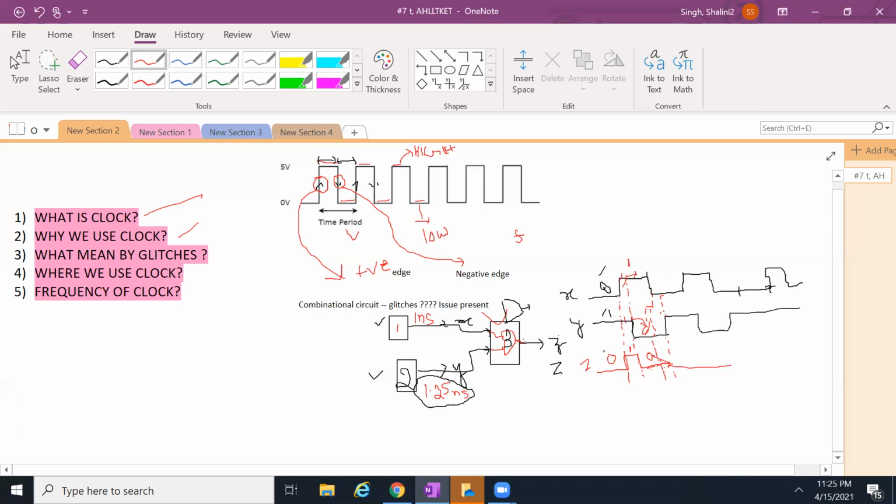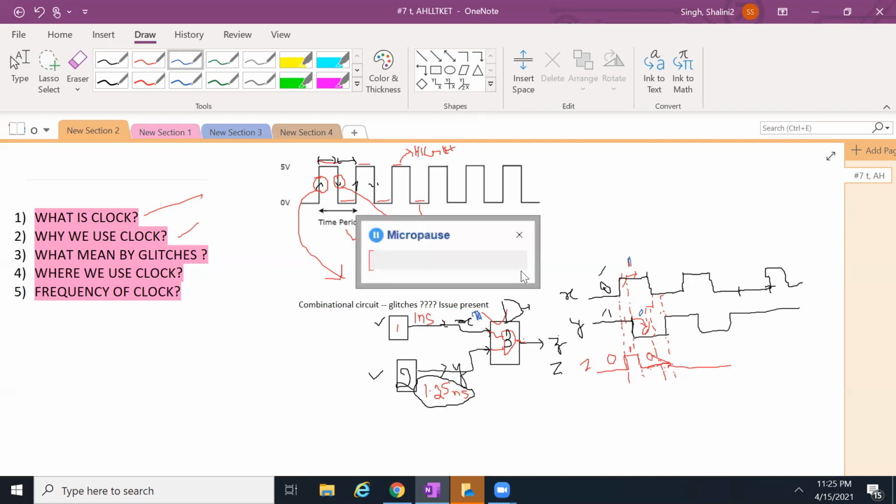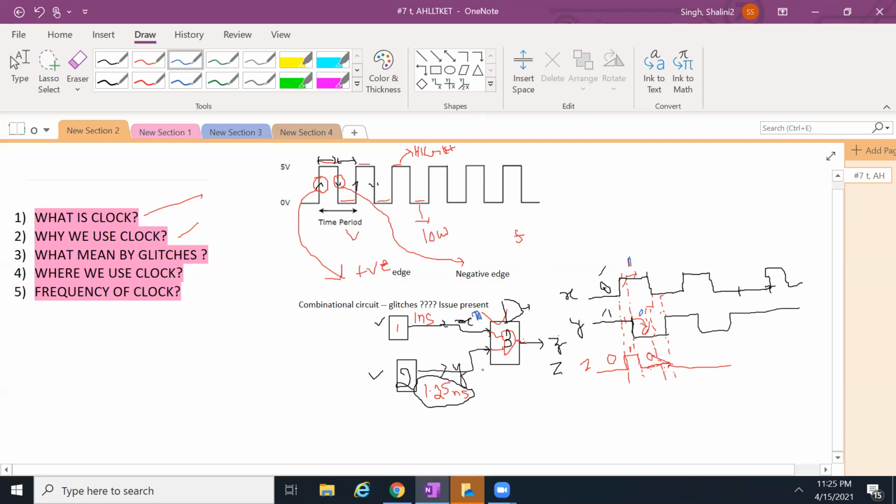So what are we expecting here, and what is the hardware giving us? Suppose we have one input where we are giving 1, and 0 to Y. We have 1 present here, and here its value is 0, right?